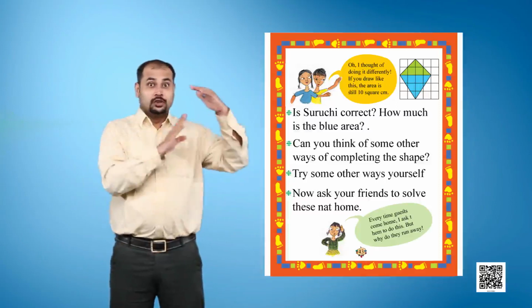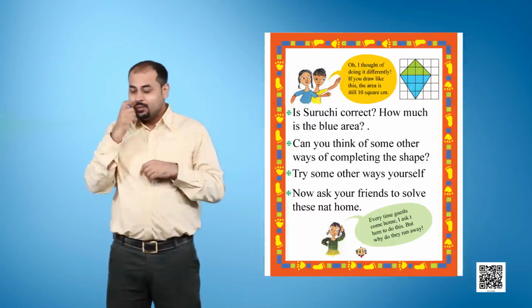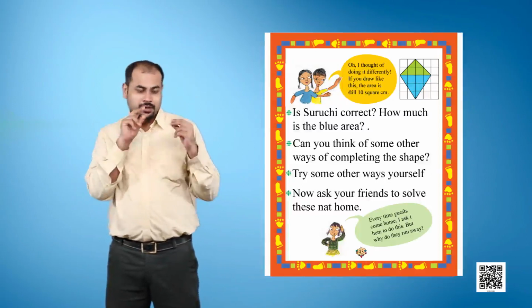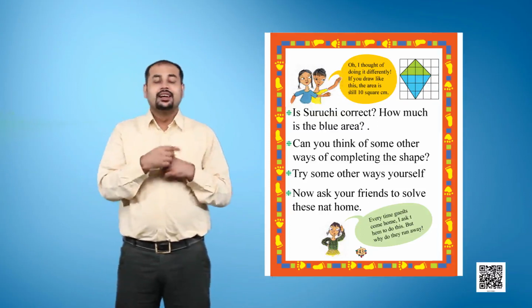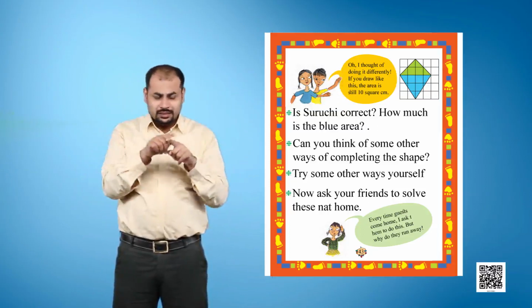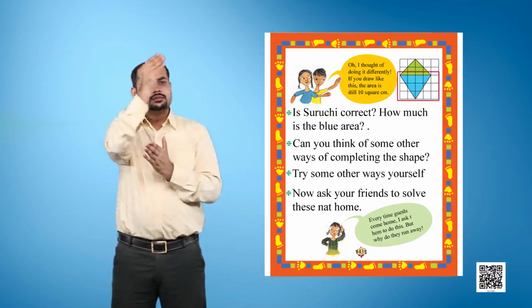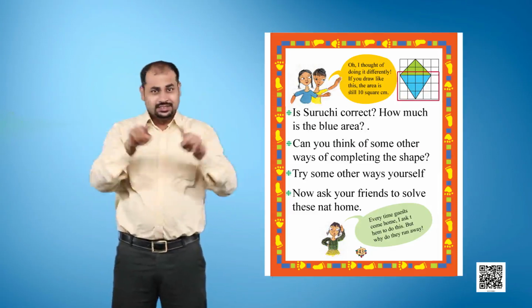Page 43. On the top of the page we again see Suruchi and Asif conversing. This time, Suruchi has drawn the bottom triangle in a different way, which is present here in blue color.